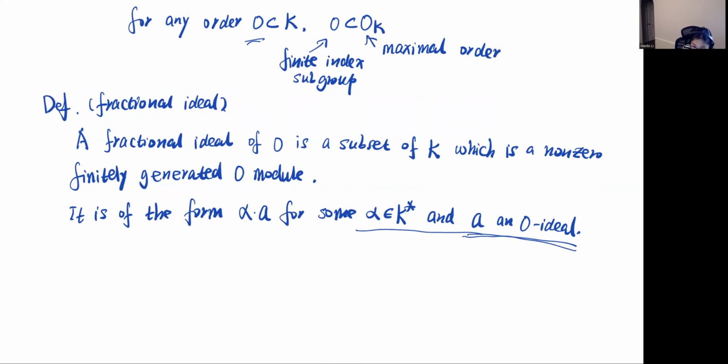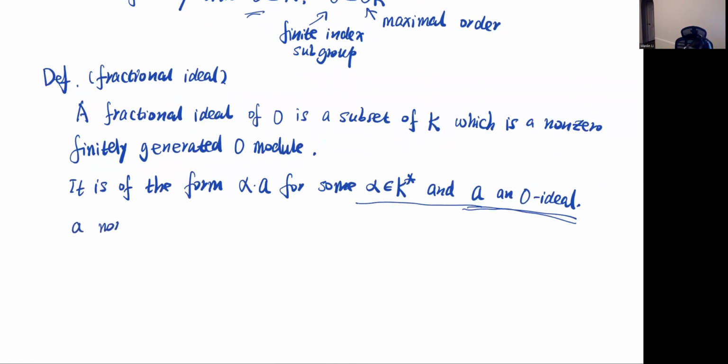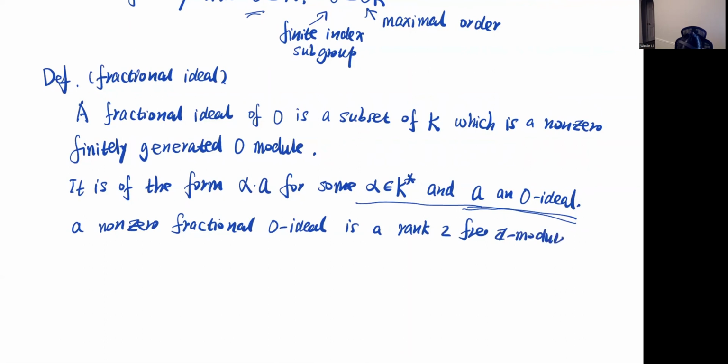Okay, so a non-zero fractional O ideal is a rank 2 free Z module.